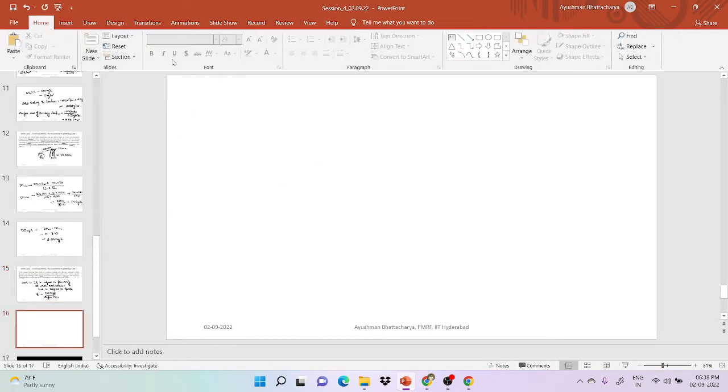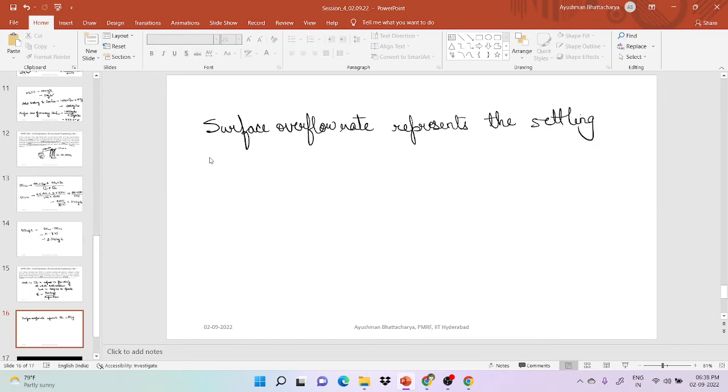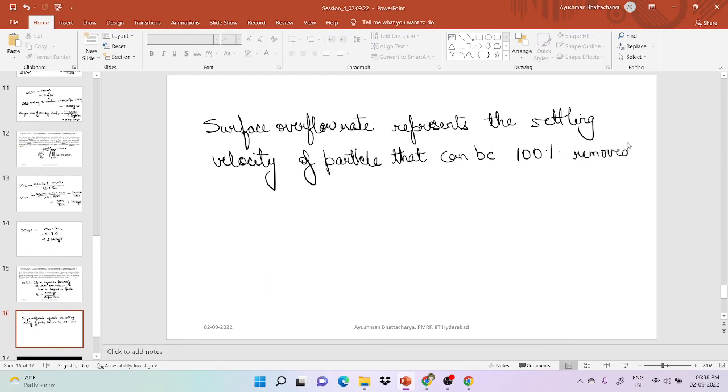Now, surface overflow rate basically represents the settling velocity of the particle that can be 100% removed.